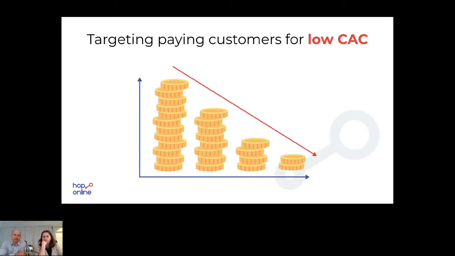And if you can get that click for free instead of having to pay a high cost per click through advertising, then obviously that's going to lower your customer acquisition cost. So this should be part of a long-term strategy to go against the rising trend in bids and in customer acquisition costs coming from paid advertising. And organic traffic is going to help you offset that and hopefully lower your overall cost per acquisition over time.